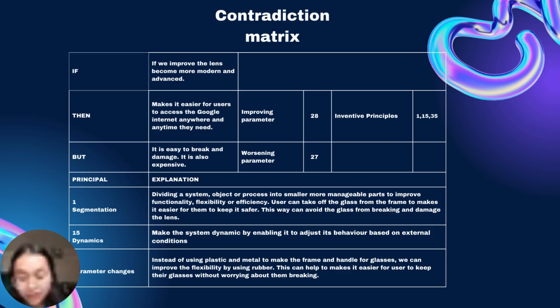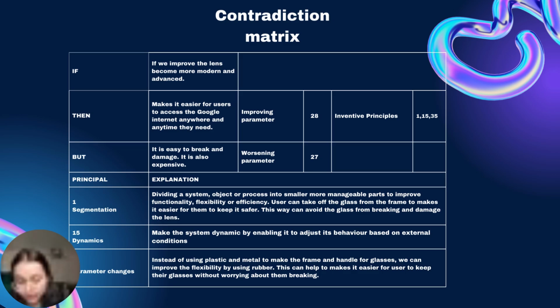The explanation is we divide a system, object, or process into smaller, more manageable parts to improve the function and more flexibility, which user can take off the glass from the frames to make it easier for them to keep it safer. This way can avoid the glass from breaking and damaging the lens.